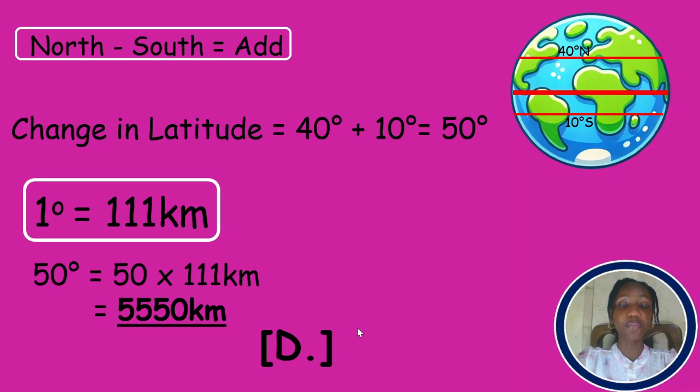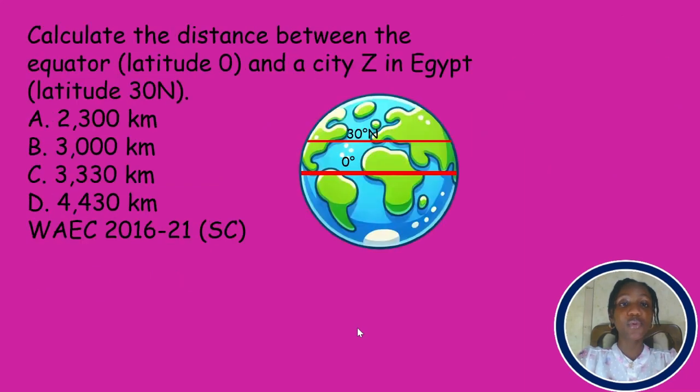which is option D. Calculate the distance between the equator, latitude 0, and a city Z in Egypt, latitude 30 degrees north. So this is different from the last two questions we've solved because one of the places is on the equator. Now, in some questions, they can just give you the equator without the value because they expect you to know that the equator is on latitude 0 degrees.